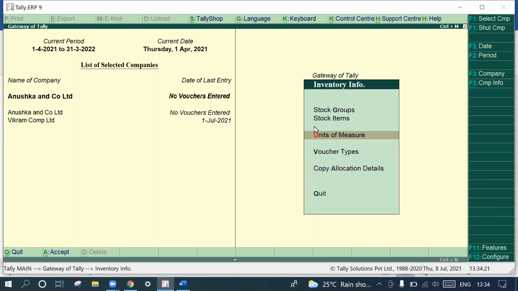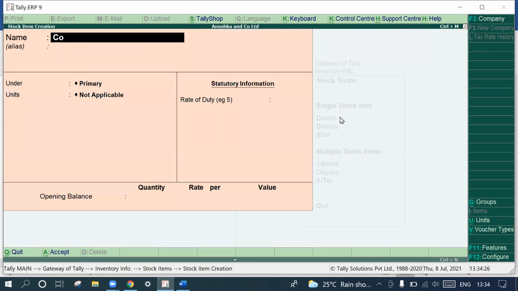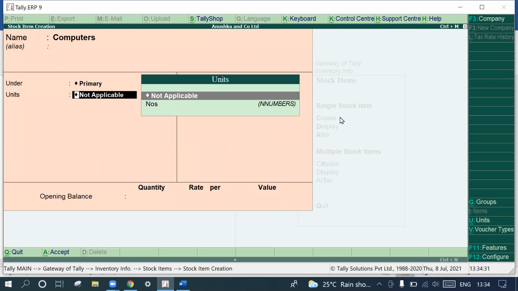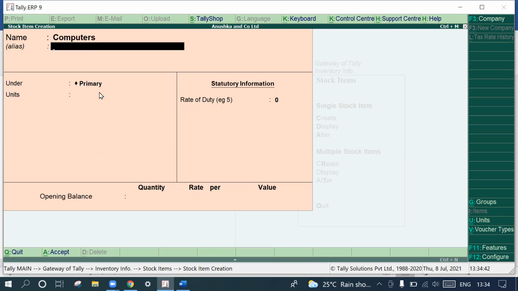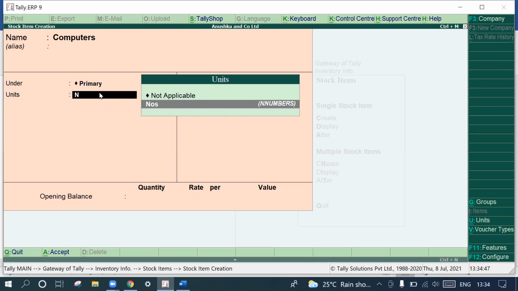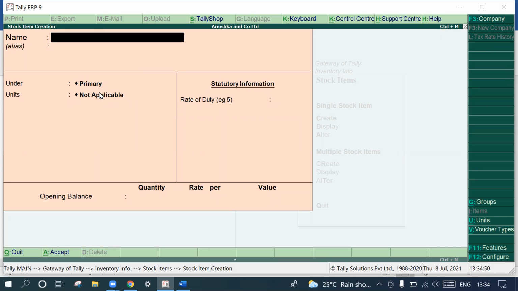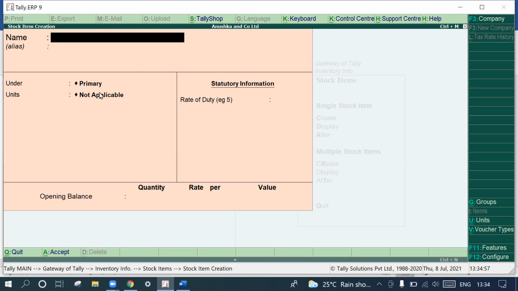Now units are created, and then stock items, create computers, in numbers, and again laptops, numbers.